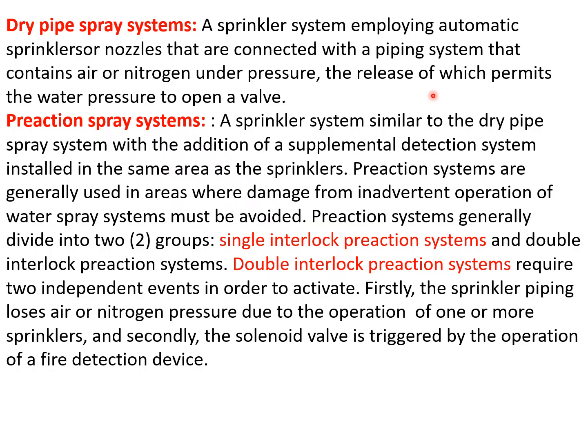A double interlock pre-action system requires two independent events in order to activate. Firstly, the sprinkler piping loses air or nitrogen pressure due to operation of one or more sprinklers. And secondly, the solenoid valve is triggered by the operation of a fire detection device.